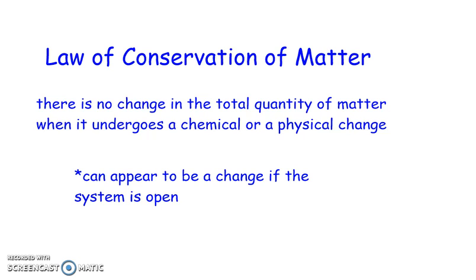The law of conservation of matter states that there is no change in the total quantity of matter when it undergoes a chemical or a physical change. However, there often appears to be a change if we're doing a reaction or a physical change in an open system.